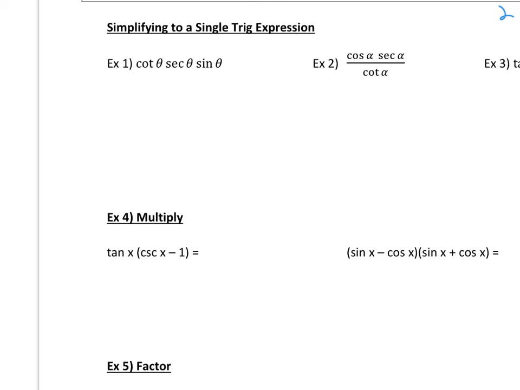So the cotangent can be rewritten as cosine of some angle theta over the sine of that angle theta, and then the secant is 1 over the cosine.